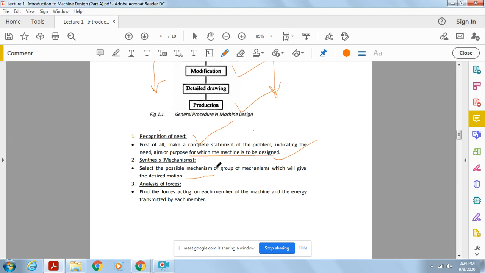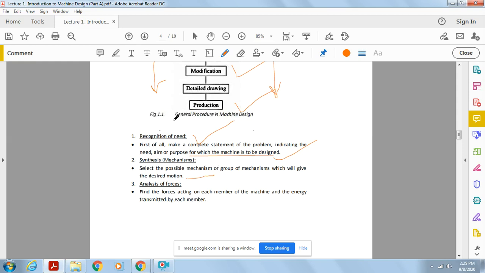So you have to select that assembly line, or that mechanism, the path this particular design should follow, so that the motto becomes successful and fruitful in developing the final product. So synthesis of the mechanism means the procedure, the step by step guidelines.